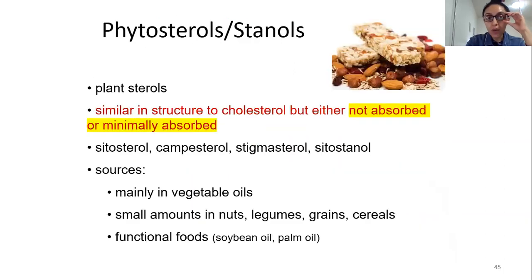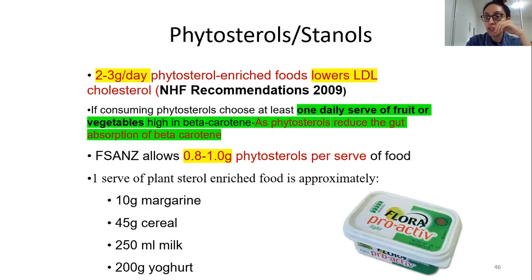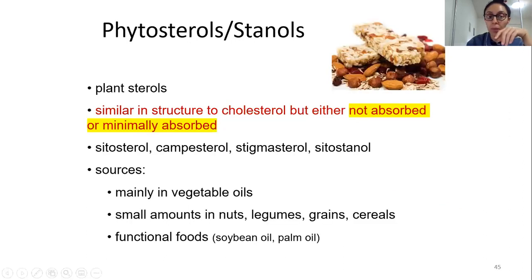Okay, so now I'll talk about your phytosterols. You know how I said I'm not discouraging people from having olive oil butter or Proactiv and things like that. Basically, olive oil butter and all of those are vegetable oils. Like olive oil, which is made into a butter consistency.